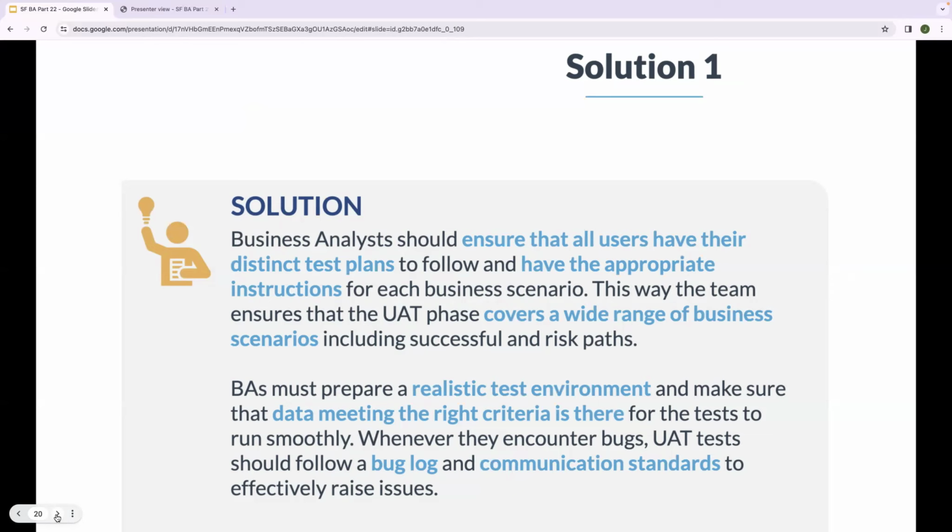BAs must prepare a realistic test environment and make sure that the data meeting the right criteria is there for a test to run smoothly. Whenever they encounter bugs, UAT testers should follow a bug log and communication standards to effectively raise issues.